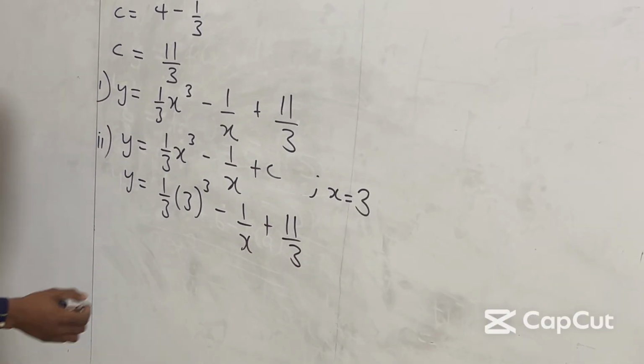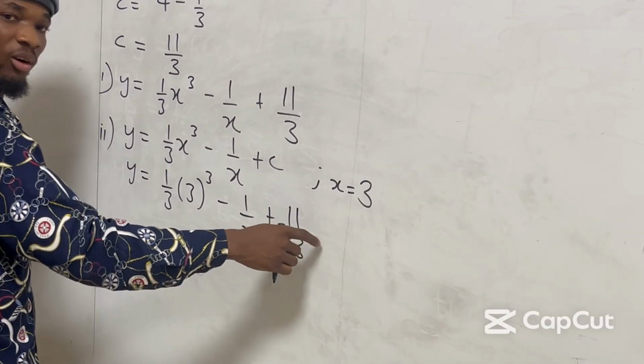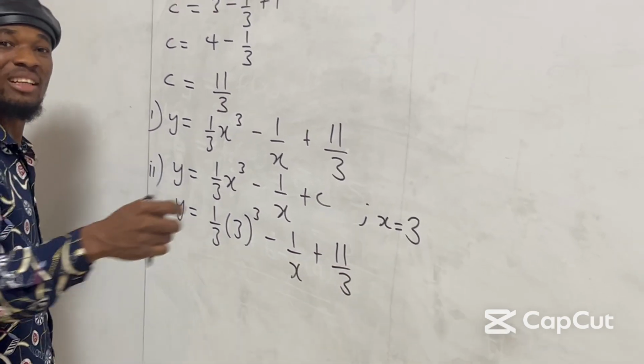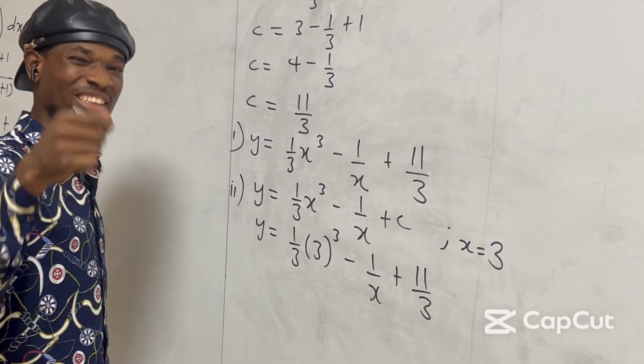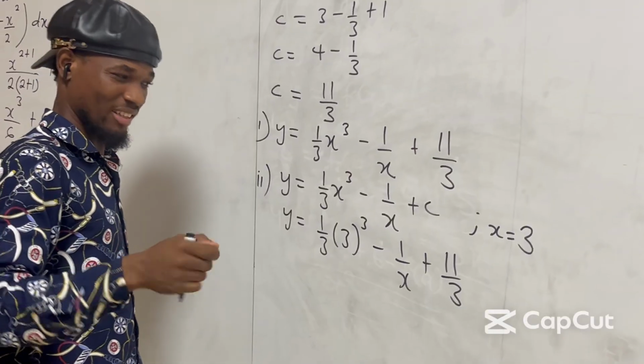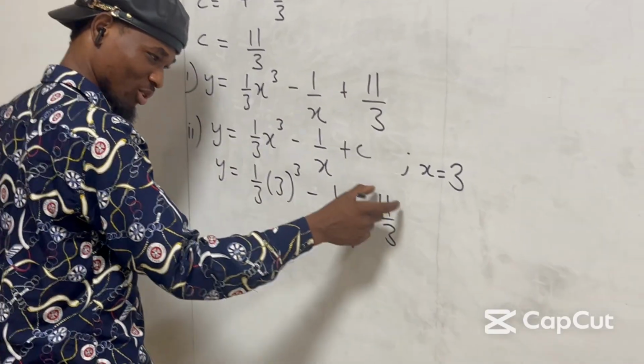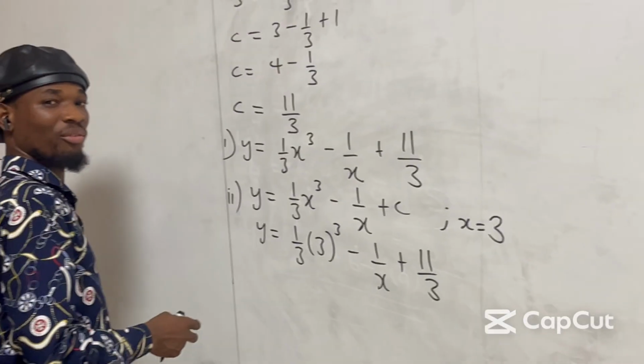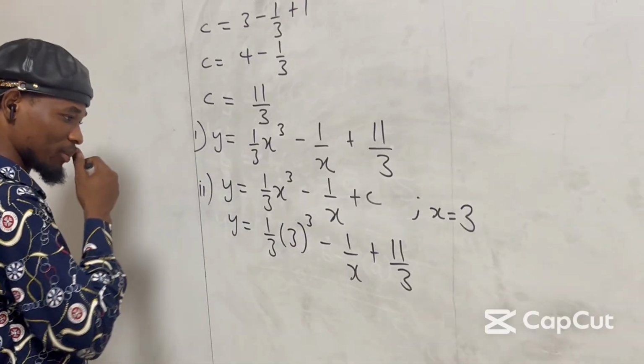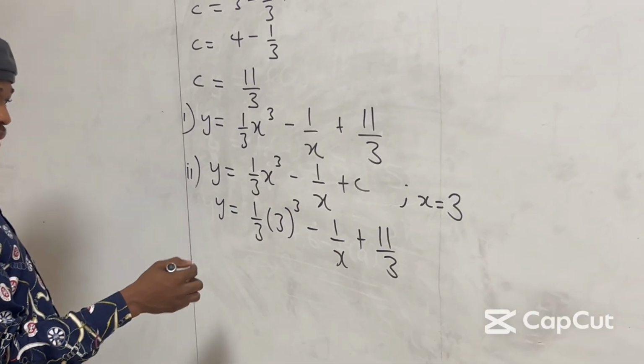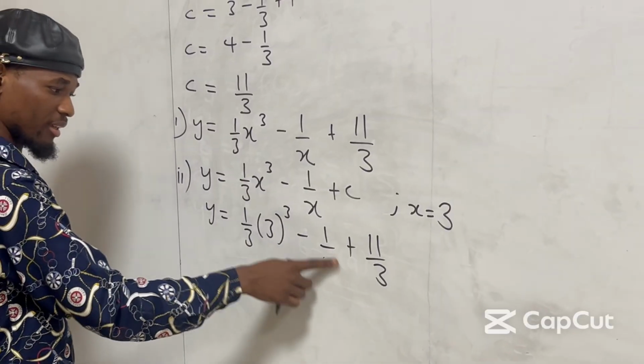Why are we supposed to repeat the constant of integration? Constant means it doesn't change. Do you get that? So you still write down the constant of integration over here, its value. So this is equal to, okay, x here is 3.